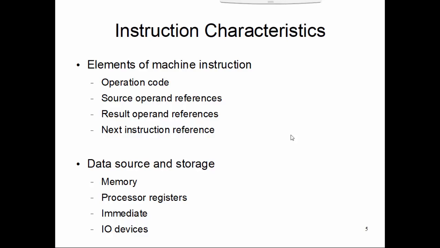Then also, data source and storage is another consideration. How big is the memory I'm going to support? Is it 2 GB, 4 GB, 64 GB, 1 terabyte of memory, something like that? And also how many registers I'm going to support. In CS147 DV it was given to you that there are 32 registers. The question is why 32 registers.